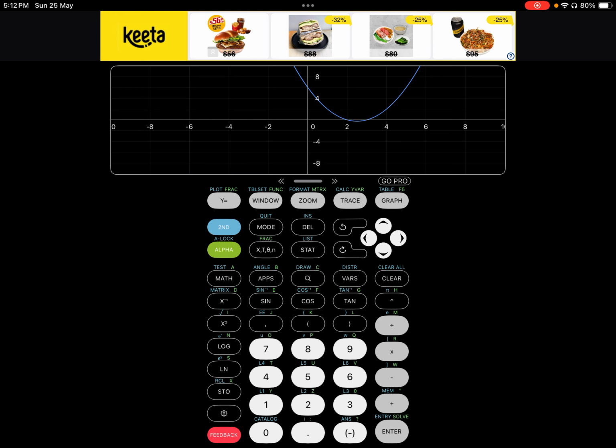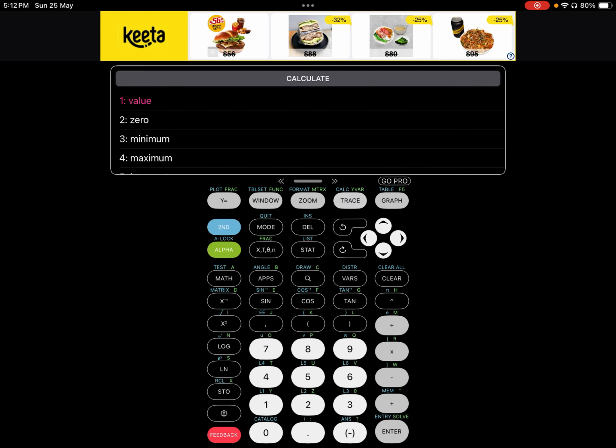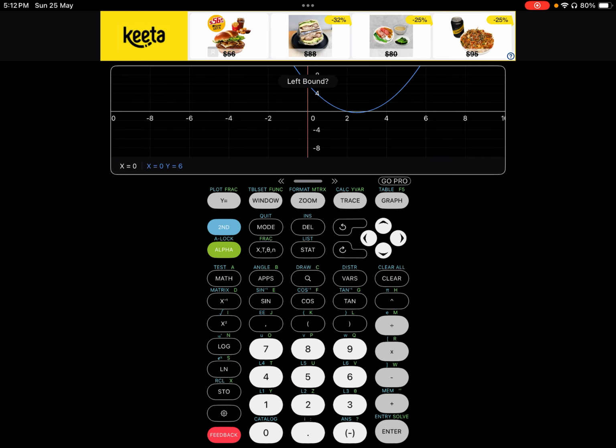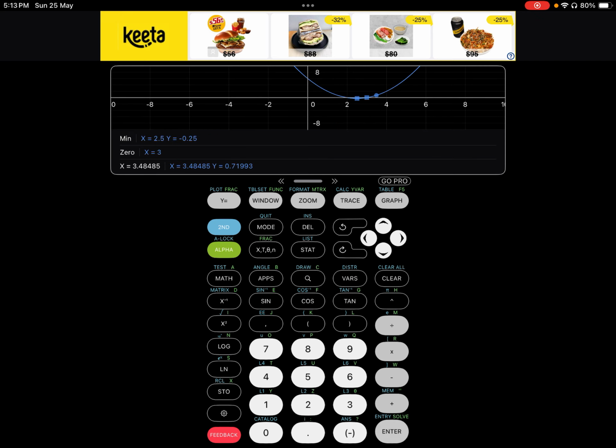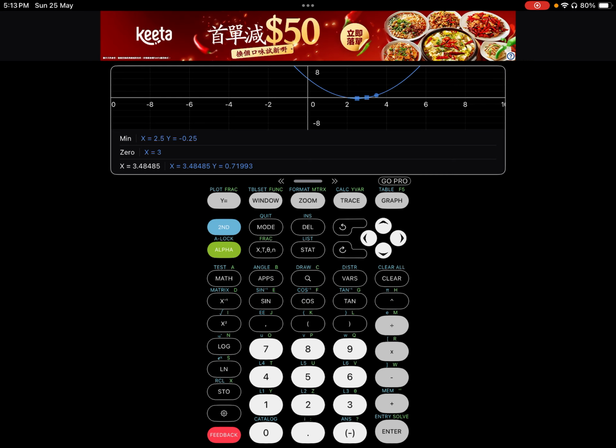So if we do second trace and find the minimum point, press enter, and move the left bound somewhere to the left of the minimum point and the right bound to the right of it, we get the minimum point: x equal to 2.5, while the y coordinate is negative 0.25. So it is the same value that we have here.